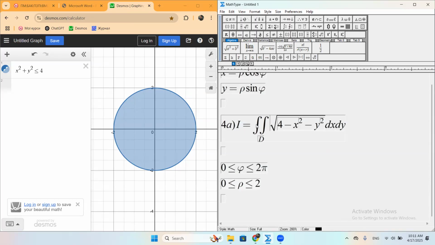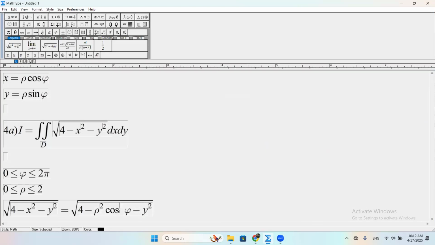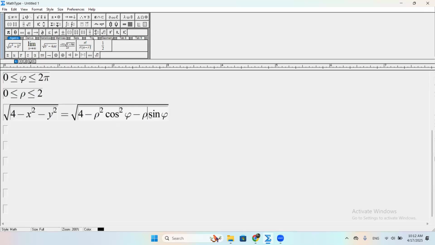Okay, let's change this function also. So this expression will be the following: 4 minus rho square cosine square of phi minus rho square sine square of phi. And if we simplify, we will receive 4 minus rho square.